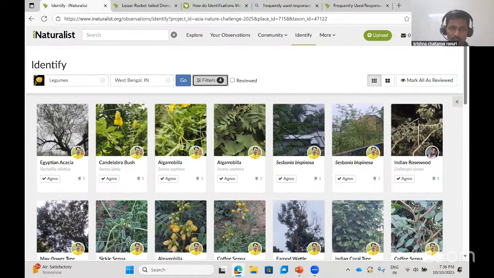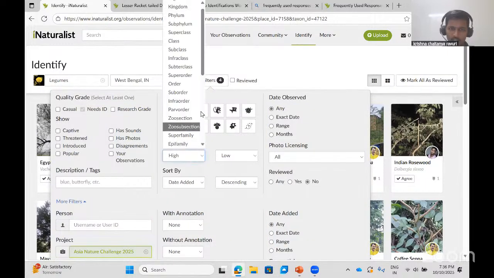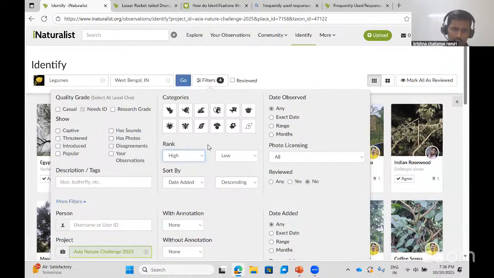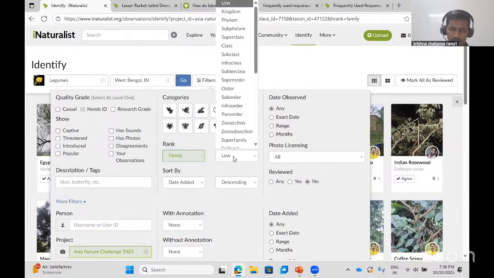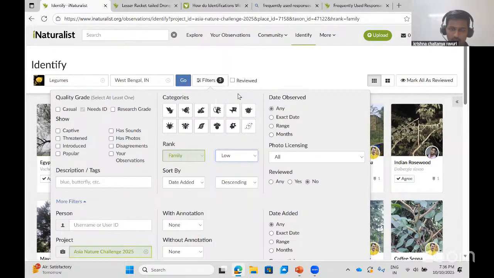You filter them for, let's say, family or lower, or just family. It's at family exactly.